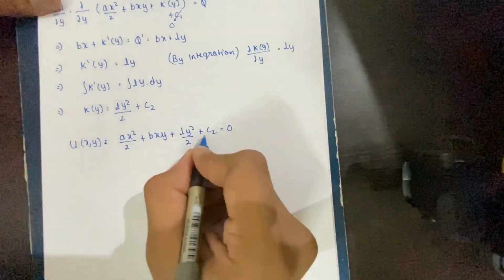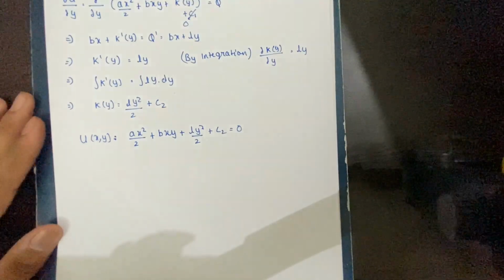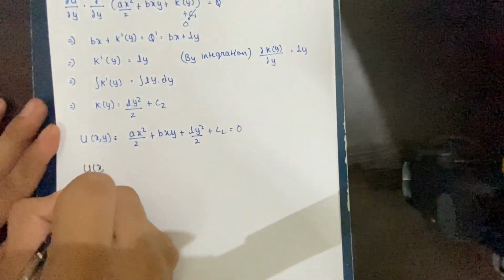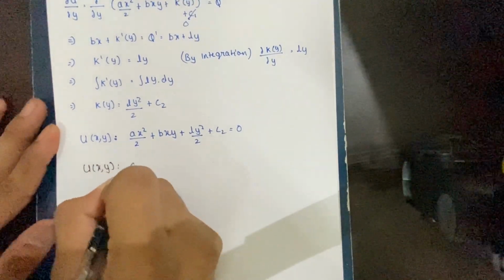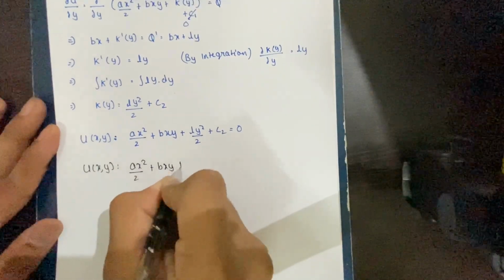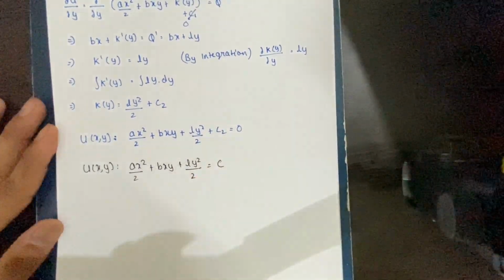Or, c2 looks kind of weird in the final equation, so I'm going to rewrite this: u(x, y) is ax square by 2 plus bxy plus ly square by 2 equals c, some constant c.